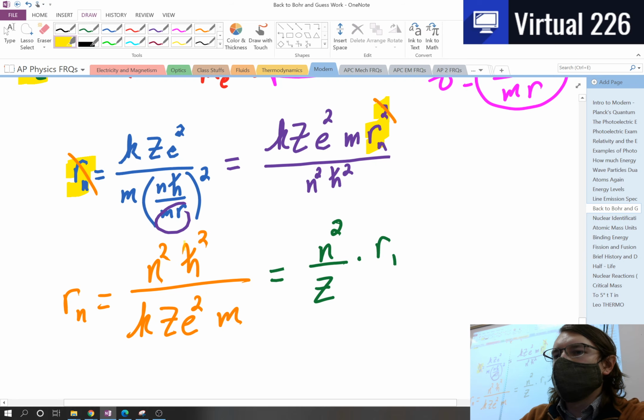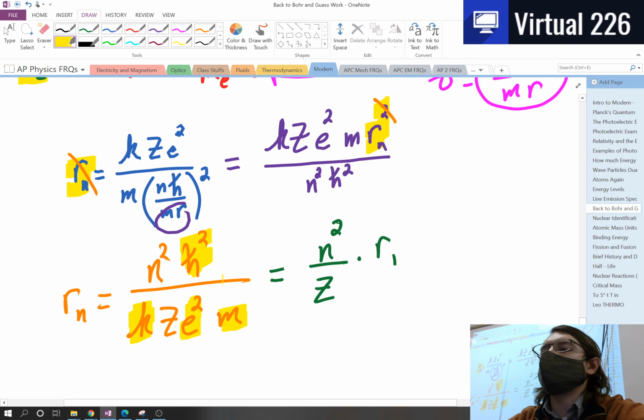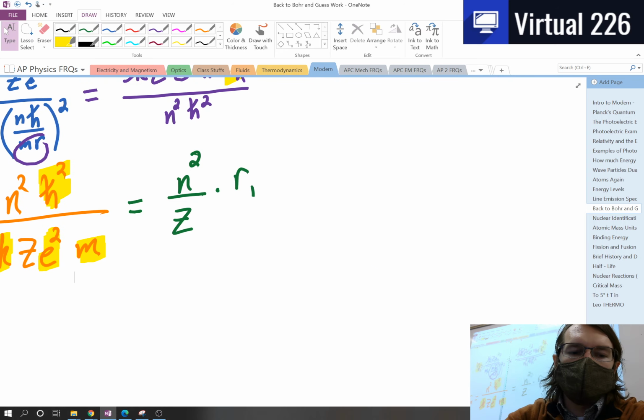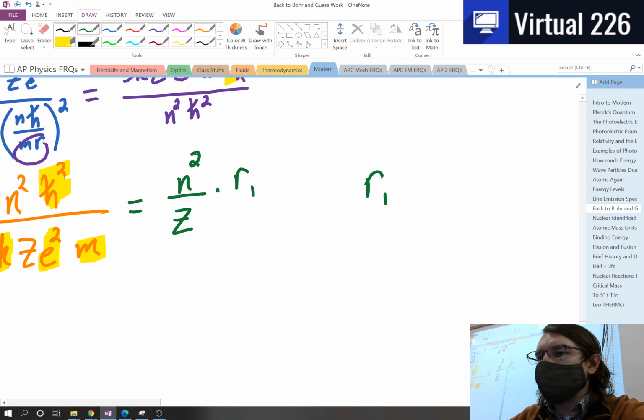Well, h bar squared is a constant. k, Coulomb's constant, is a constant. e is the elementary charge, which is a constant. And this m is the mass of an electron, which is constant. If I take all these constants and put them together, they are going to equal R1. So R1 here is equal to h bar squared over m k e squared.